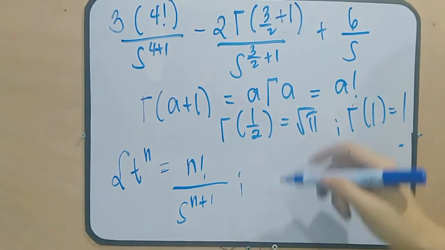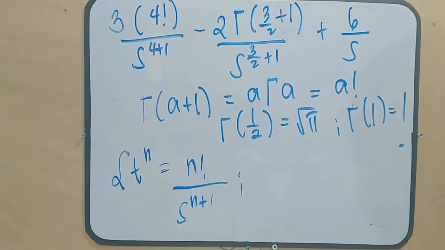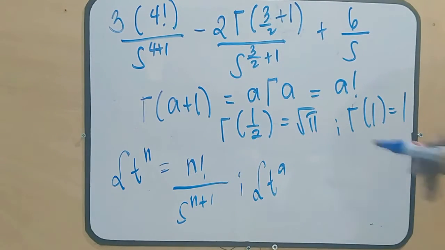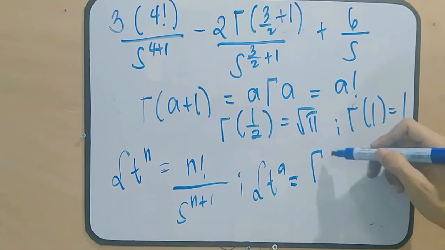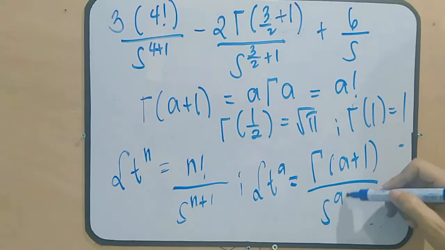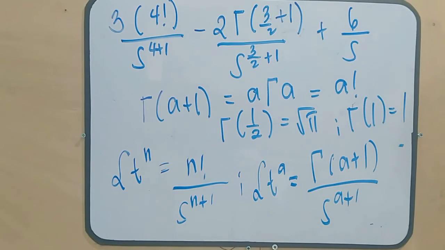Now, when it comes kung ang ating exponent is fraction, so that is Laplace transform of t raised to a, dun sa formula table. So this is, you have your gamma a plus 1 all over s raised to a plus 1. So see the difference guys. So ito is used if your exponent is whole number. Pero ito guys, this is used if your exponent is actually fraction.